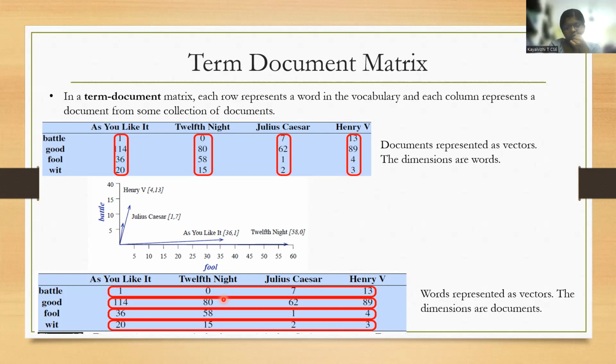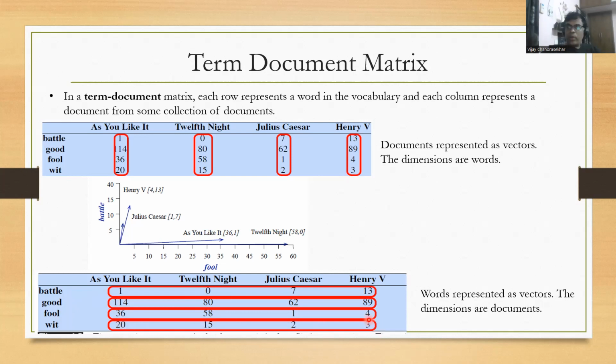Frequency of battle in each document. Louder, please. Say that again. Frequency of battle in each document. Exactly. So don't you see, similar words will have similar frequencies in different documents. Do you understand? So you would find the words fool and wit coming together. See, 36, 20, 58, 15, 1, 2, 4, 3.